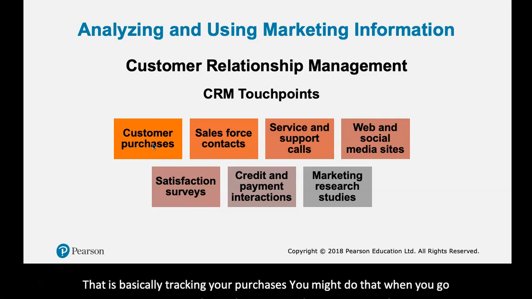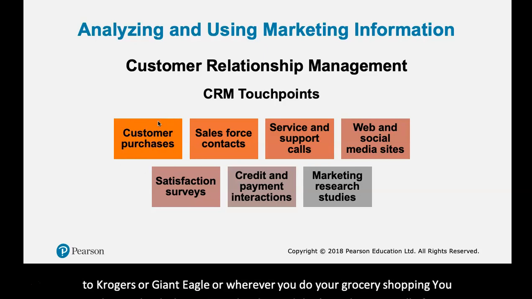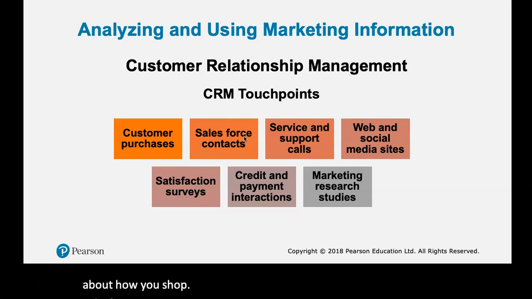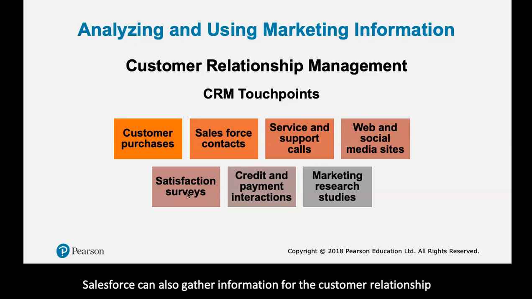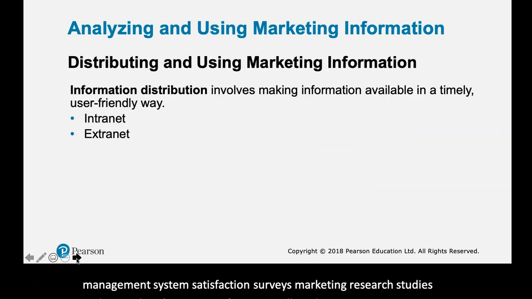You might use that little customer loyalty card. That's tracking all of your purchases, which gives that company a lot of valuable information about how you shop. Sales forces can also gather information for the customer relationship management system. Satisfaction surveys, marketing research studies, and again, there's a variety of ways to collect that information.